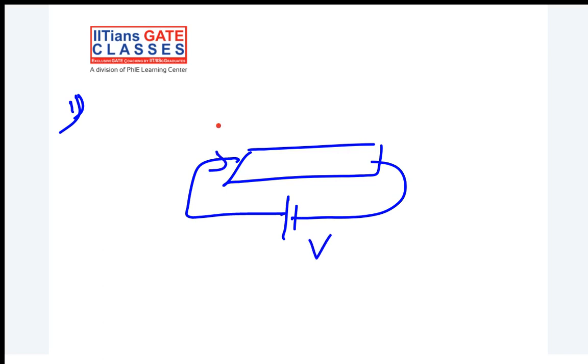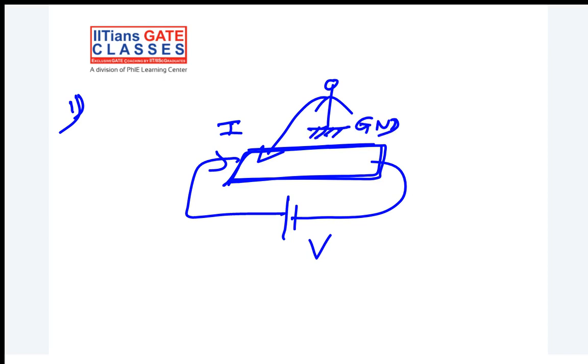Once the voltage is applied, a current flows through the conductor. If you touch this conductor while current is flowing and your body is grounded, what will happen? You are going to get a shock, because you are touching a conducting plate and your body is grounded. Some current will flow through your body, some potential difference will develop, and you are able to feel the current.